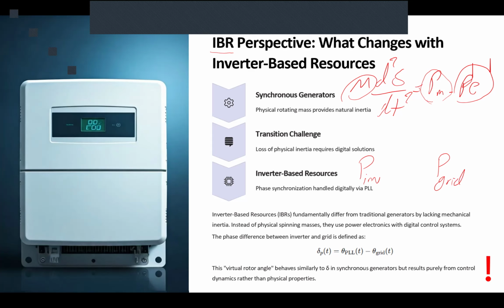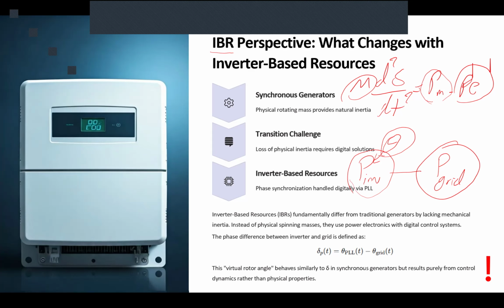Now, in the control system, when we talked about grid following, we said that in order for inverters to meet the demand of the grid, we are changing the theta in our inverters.